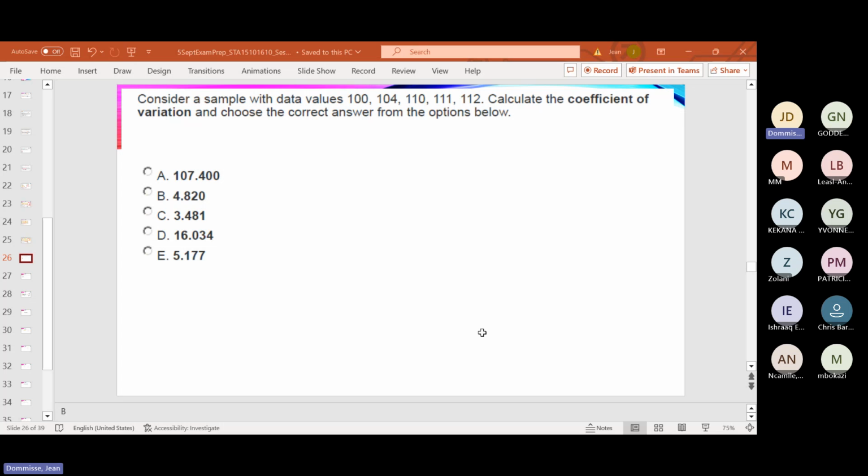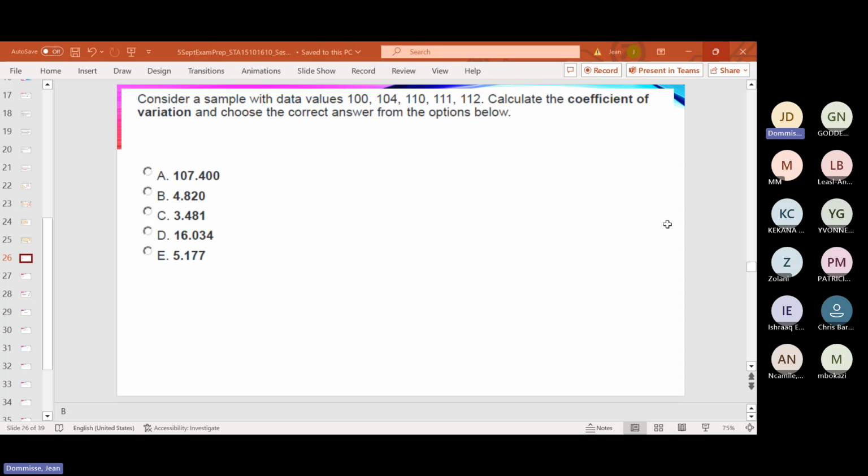So again, it will be a clean spreadsheet, because there is not even a function like coefficient of variation in Excel. So I would just put in, and I'll share my spreadsheet now, 100, 104, 110, 111, 112.